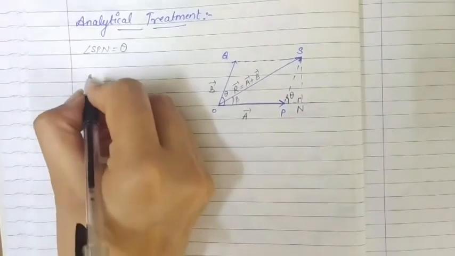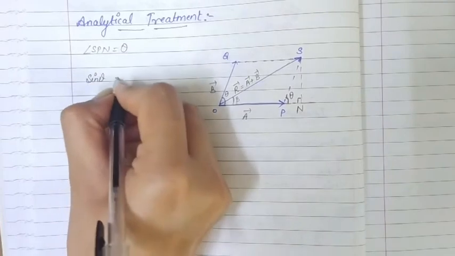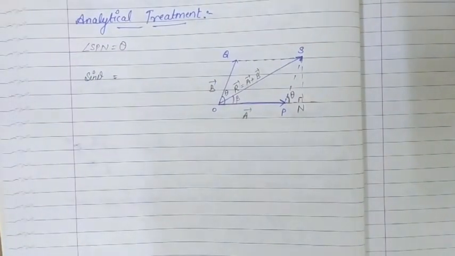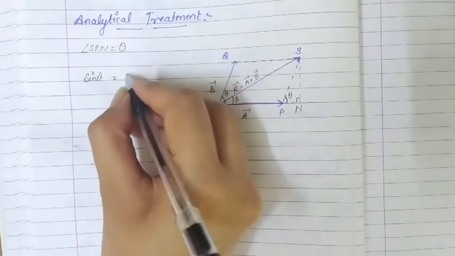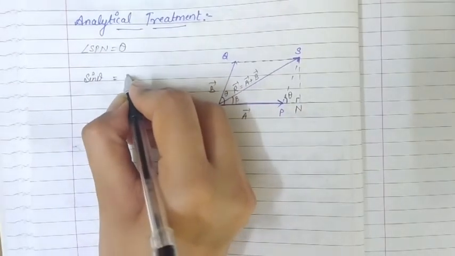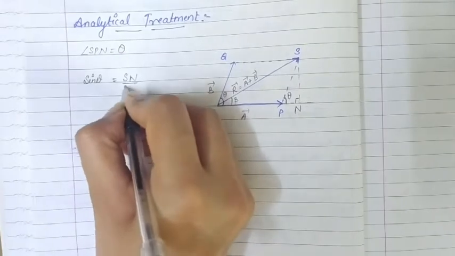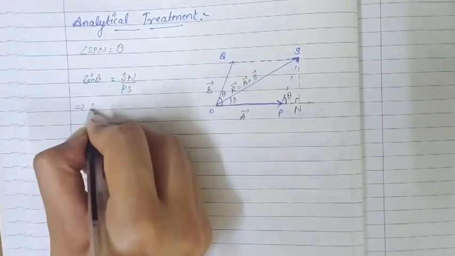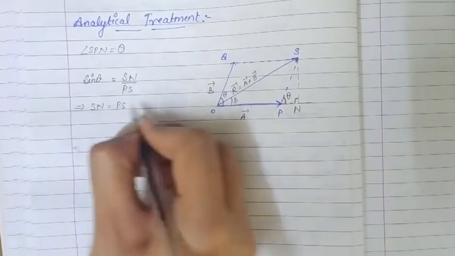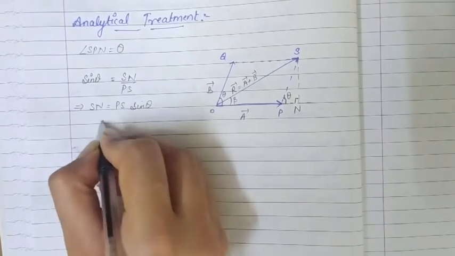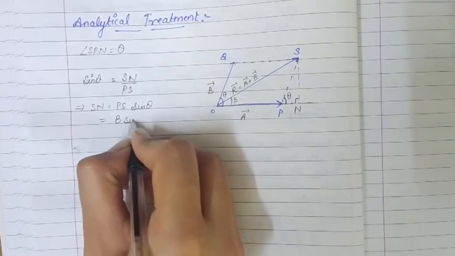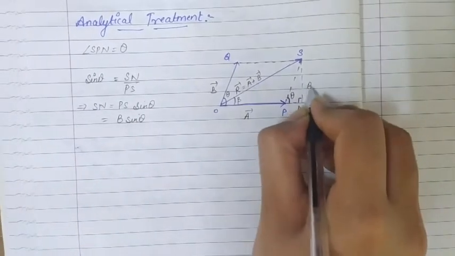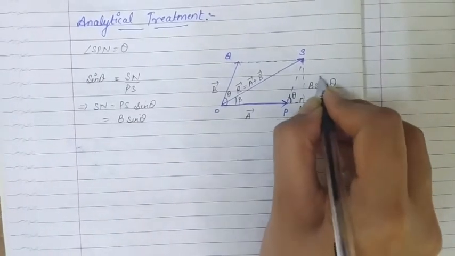So sine theta is equal to perpendicular upon hypotenuse, so it is SN upon PS. That implies SN is equal to PS sine theta, or we can write it as PS is the magnitude of B sine theta. So the side SN is B sine theta.